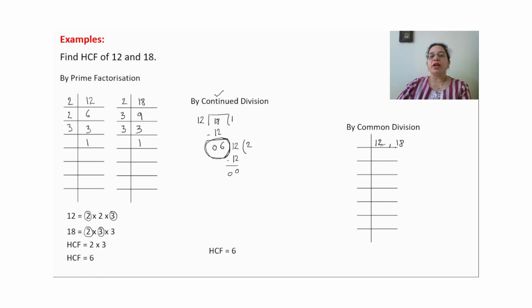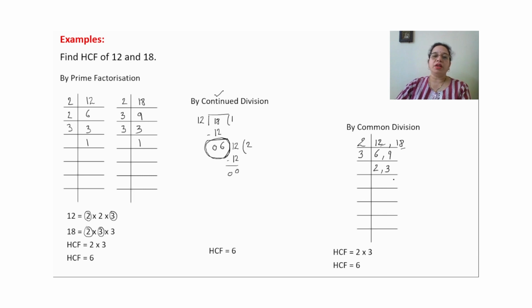So here 12 and 18, it means this is divisible by 2. So 2 6s are 12, 2 9s are 18. Now by which number 6 and 9 both are divisible? These two are divisible by 3. So 3 2s are 6, 3 3s are 9. Now these two numbers are not divisible by a common number. So here your HCF will be 2 multiplied by 3, and that is 6.